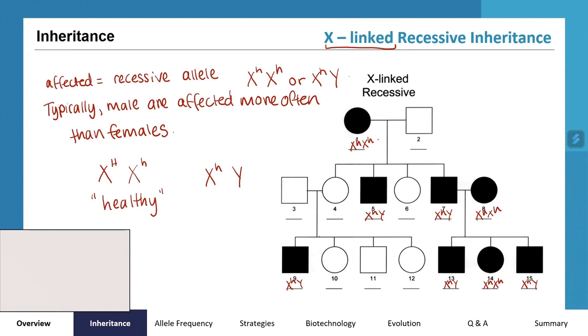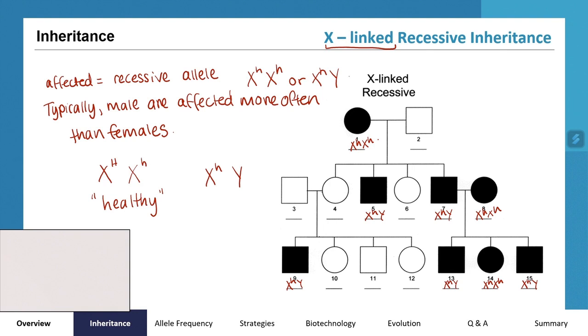And unfortunately, that's just the way that it is. Examples of this are red-green color blindness and also hemophilia. Generally speaking, the chance of a male developing this disease is much higher than for females.